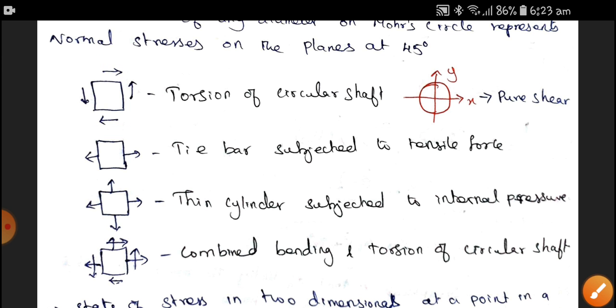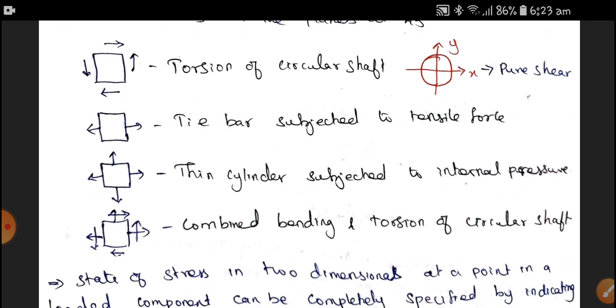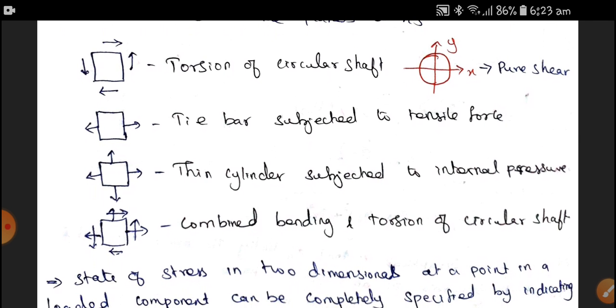Next is the tie bar subjected to tensile force. We know that tie bars are used in screw jacks as well as in power screw applications where the tensile force is predominantly acting. Therefore, the tie bar subjected to tensile force is represented by a square with tensile forces acting.